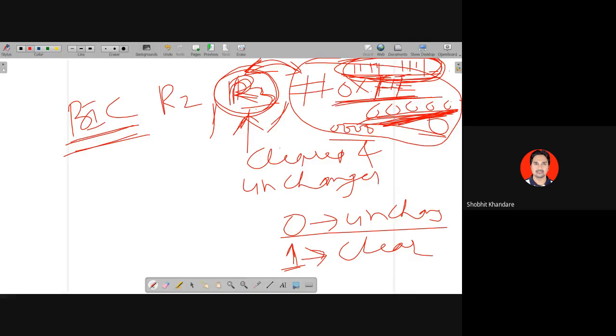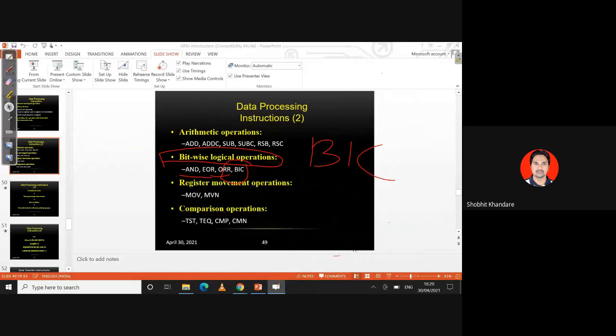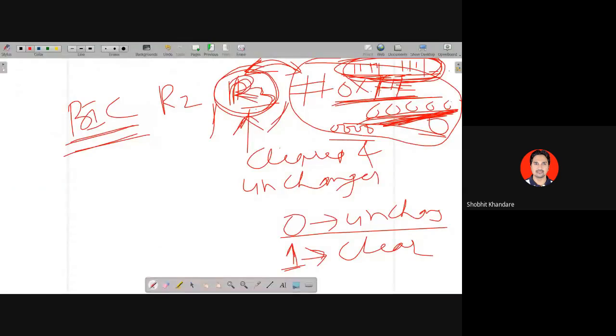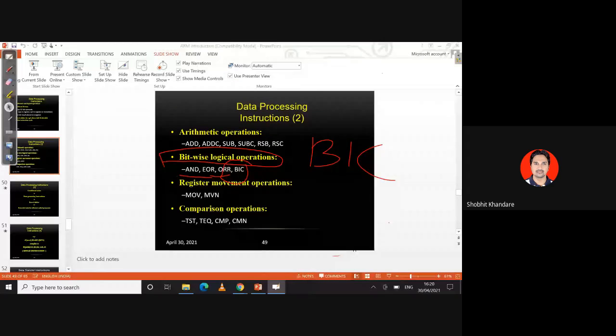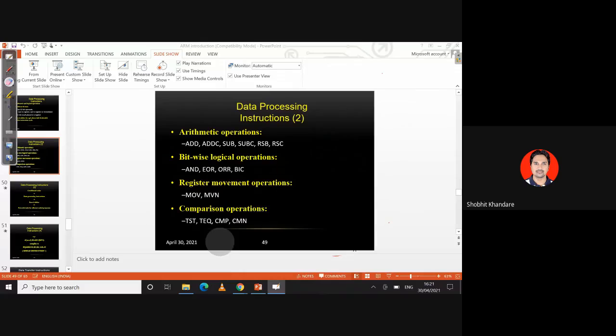So we have done with this BIC and the last portion is left. तो यहाँ पे भी मैं सब चीजें नहीं लेने वाला हूँ. You will be doing this as a homework. I will give you just an example. ये आप already कर चुके हैं, मैं आपको सिर्फ बता रहा हूँ. ADD addition, ADDC addition with carry, SUB subtraction, SUBC subtraction with carry, okay.